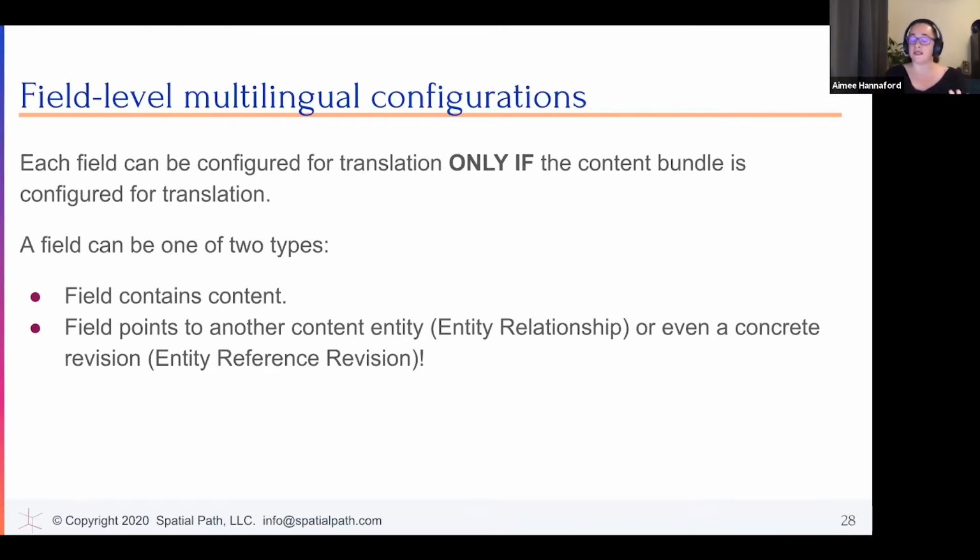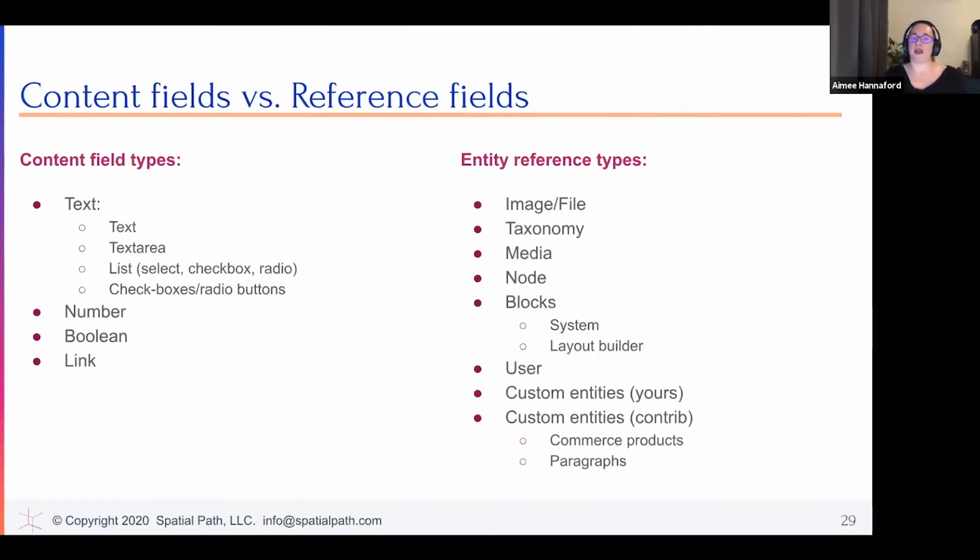So it's simpler than it may seem up front. So you have three basic properties of a field, two types of fields. And here are some content fields versus reference fields. You'll recognize these as you build your Drupal site.